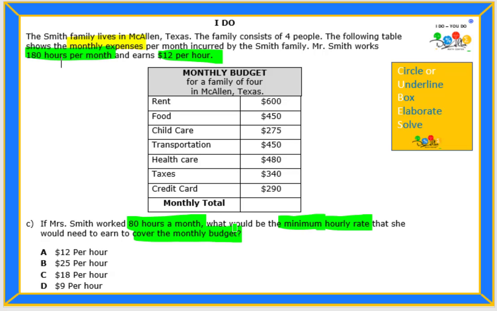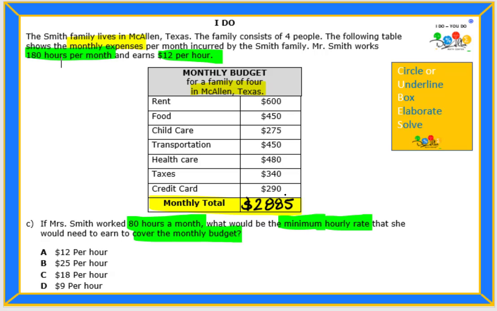Okay, so for this, we have to go back to the previous problems that we have already solved. So we already did the monthly budget for McAllen, Texas. When we found the monthly budget total, we figured out that the Smith family had a monthly budget of $2,885.